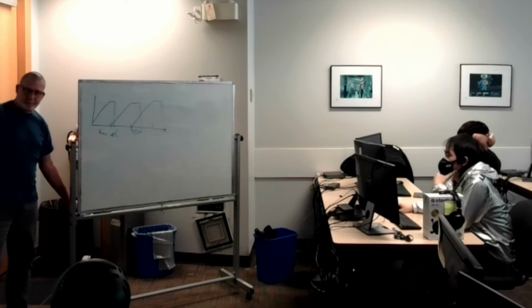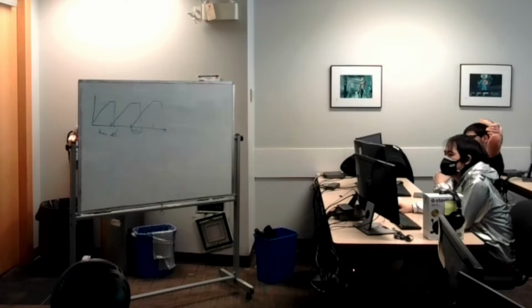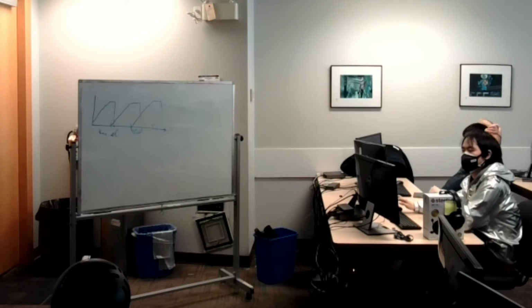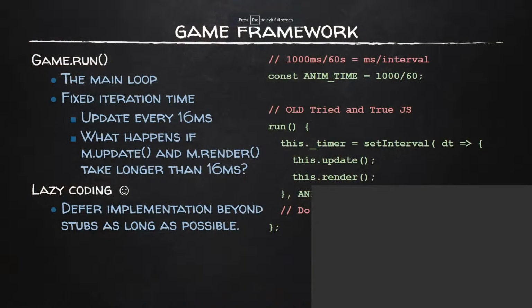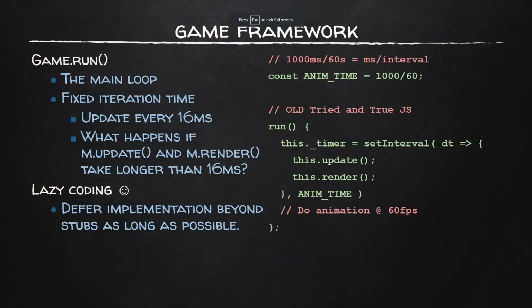So you see this in two ways. When you do this kind of hard-coded render loop, two things are going to happen. Either you are going to measure and optimize these so that they happen in under 16 milliseconds all the time, in which case you're fine. Everything runs super smooth.